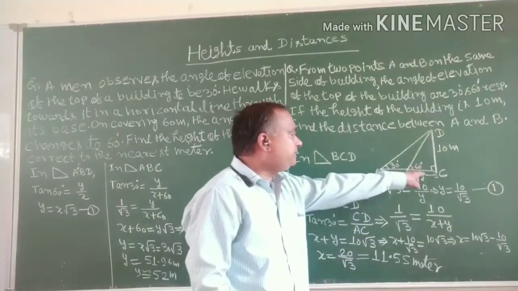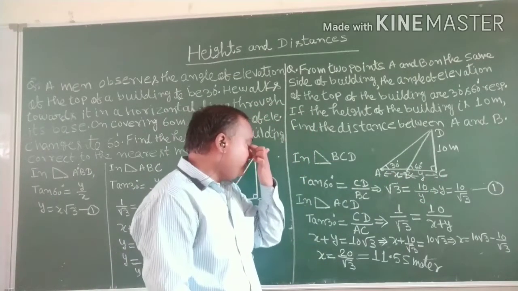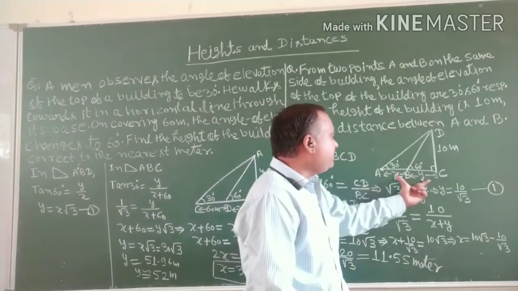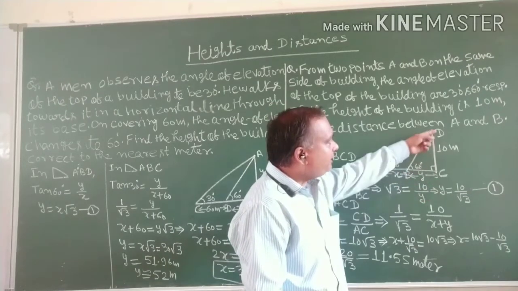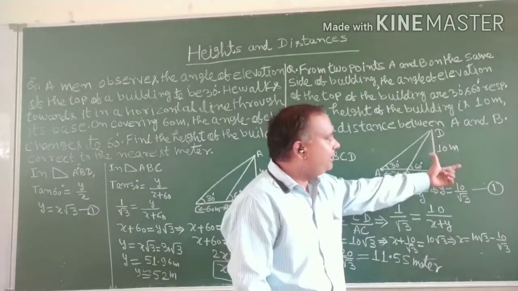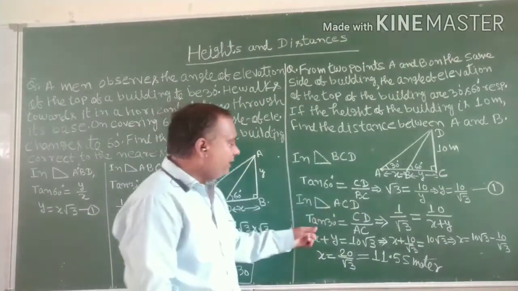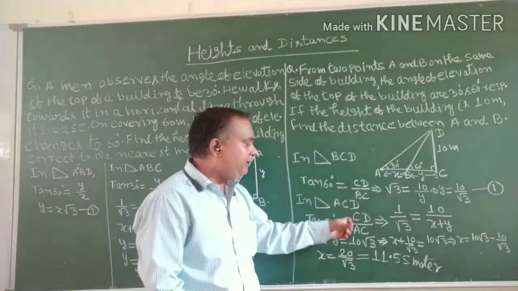Now take the second triangle, that is DCA, where the base, that is the AC distance, is X plus Y. And the perpendicular is CD, the height of the building, that is 10 meter. So in triangle ACD, we can write tan 30 equal to CD upon AC.